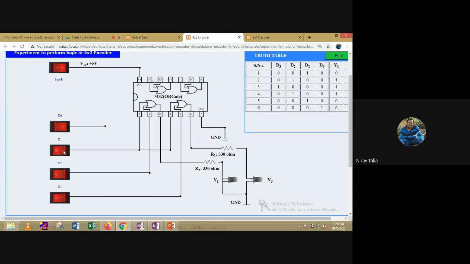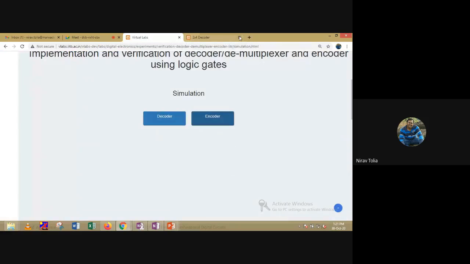You can see that if I switch on another switch, the first switch will automatically turn off. So this is about the encoders and decoders.